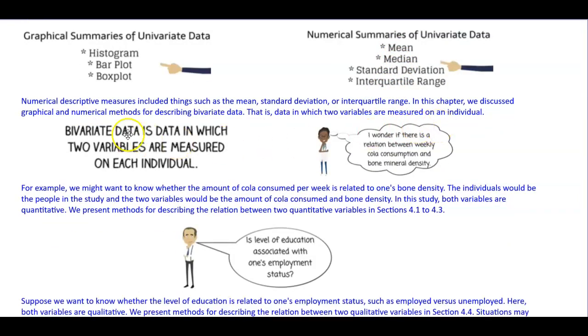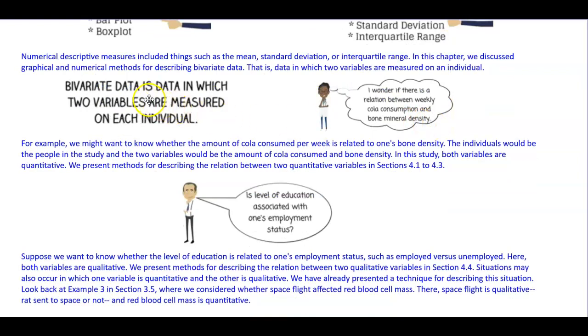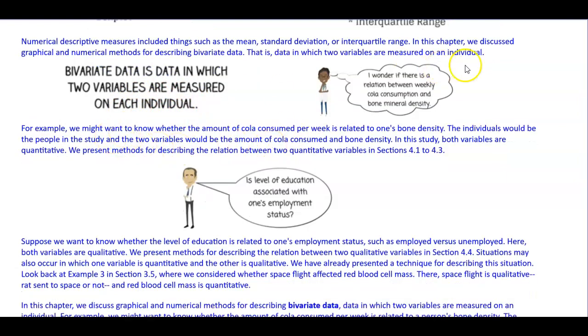In this chapter, we discuss graphical and numerical methods for describing bivariate data. That is, data in which two variables are measured on an individual. For example, we might want to know whether the amount of cola consumed per week is related to one's bone density.